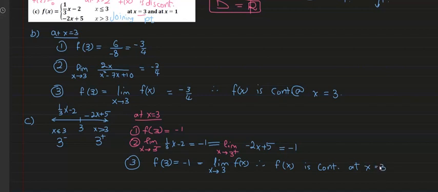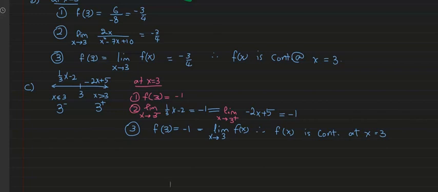Let's do the same at x equal 1 because it was required here to do the same for x equals 1. So we will say at x equals 1, first f of 1 is where 1 is less than 3, right?